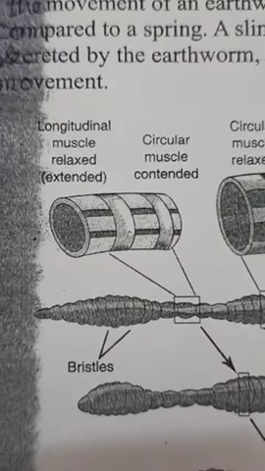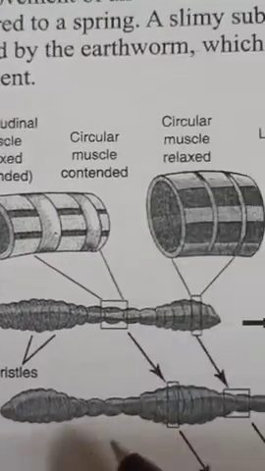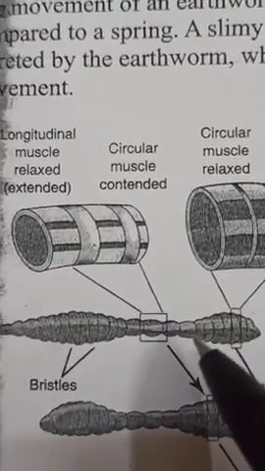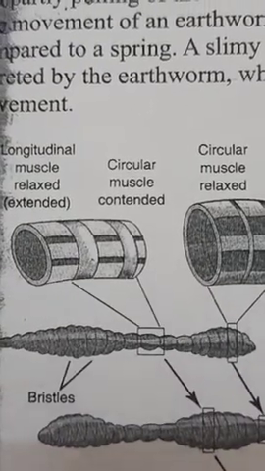Okay children, so with the help of these two kinds of muscles, earthworm can move properly.